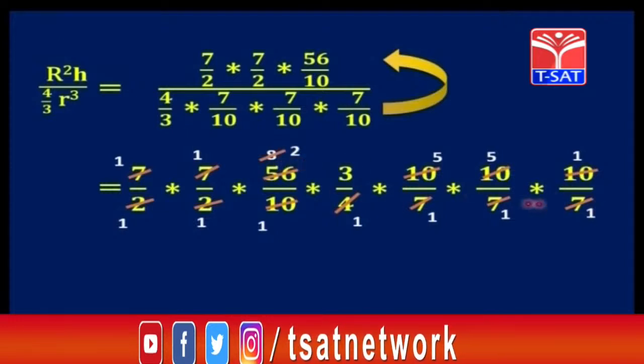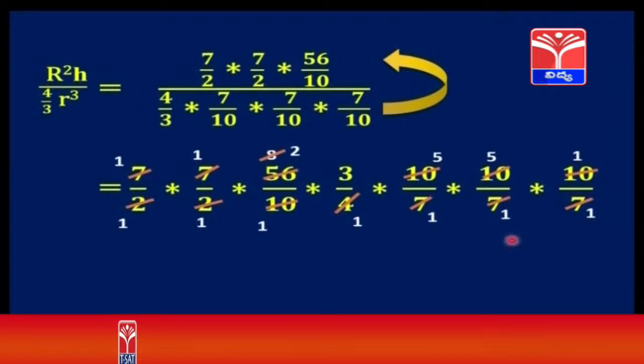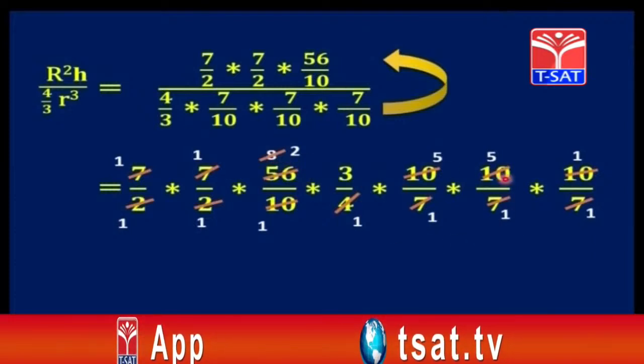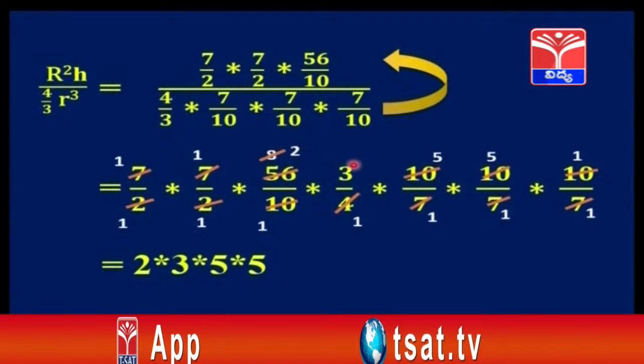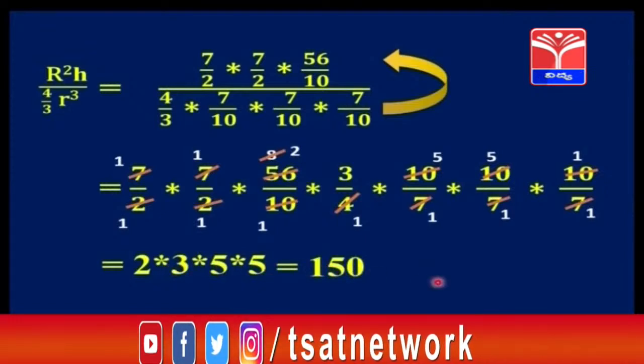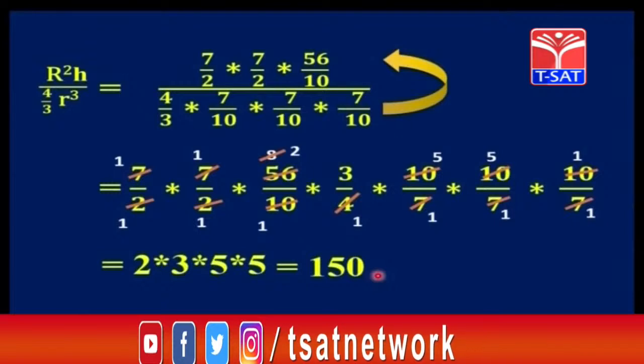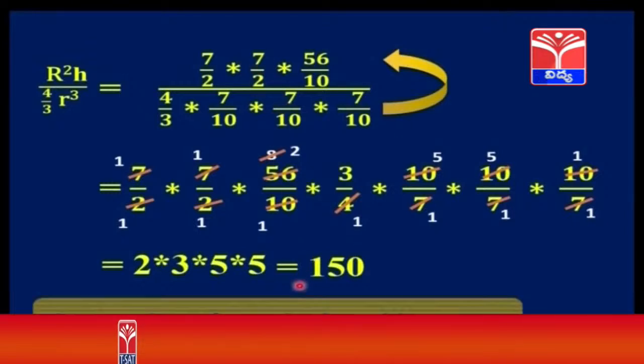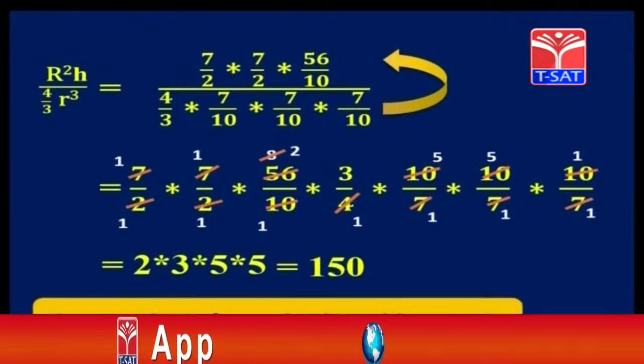If you observe, all the denominator terms are cancelled. So, no need to calculate the division, just multiply the terms remaining in the numerator. Yes, they are 2 into 3 into 5 into 5. 2 into 3 is 6, 6 into 5 is 30, 30 into 5 is 150. So this is the simple way of calculation, no need to take the division here. So the number of required marbles is 150.